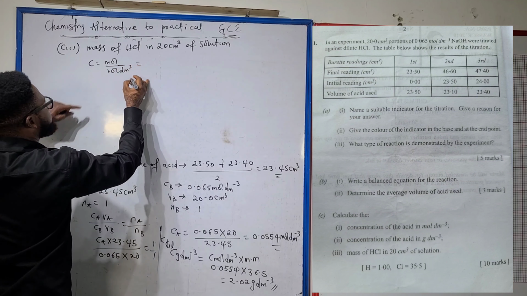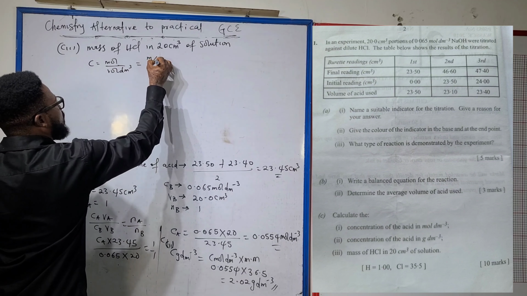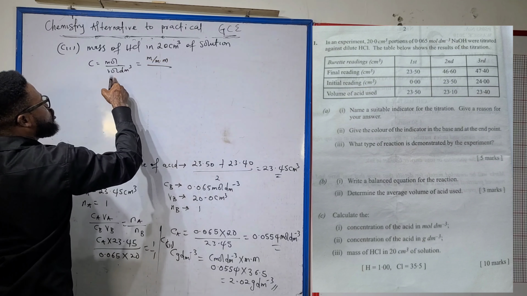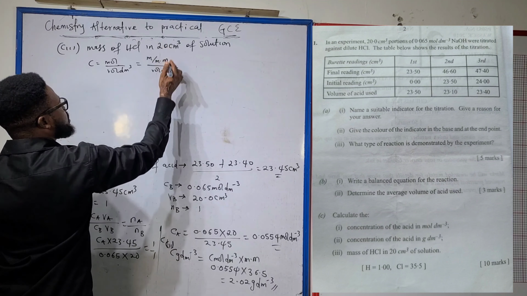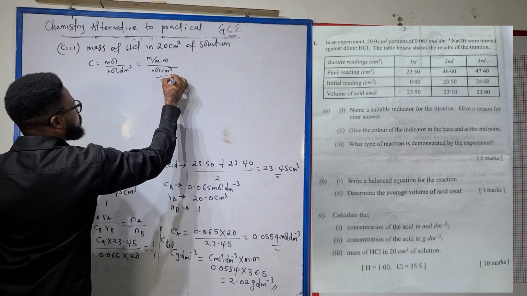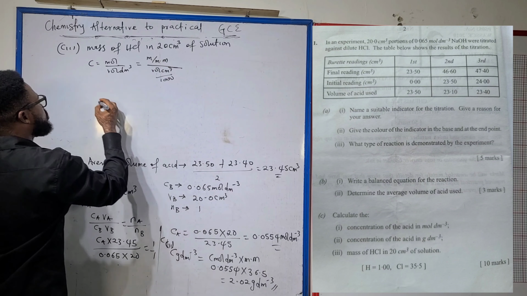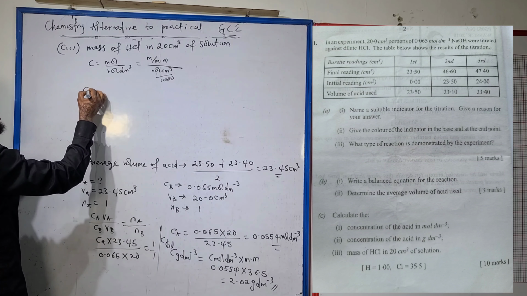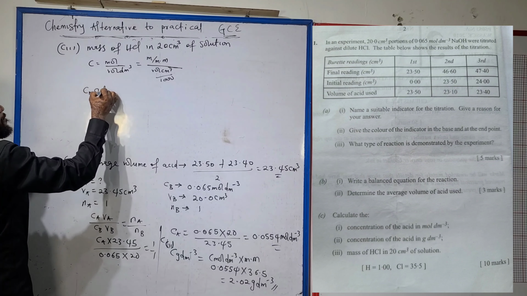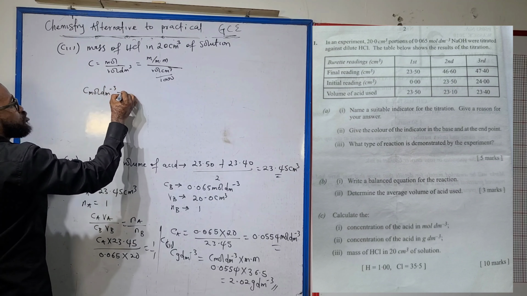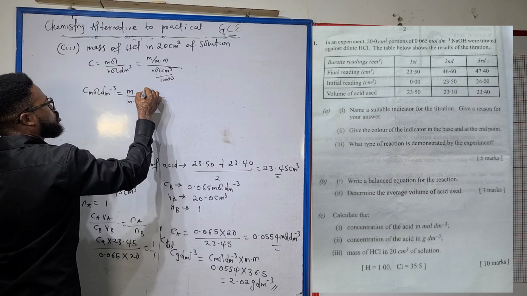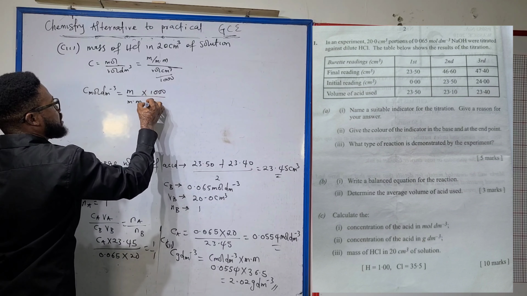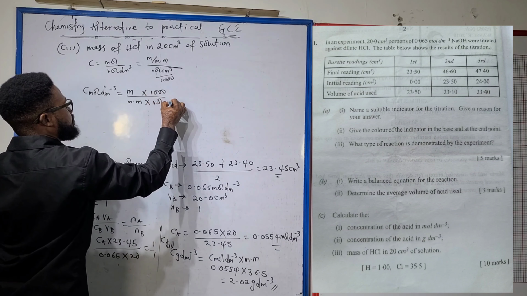But in this case, my mole will be mass over molar mass, and my volume is going to be the volume in cm cube, because I'm dealing with 20 cm cube now, divided by 1,000. So the 1,000 is going to move up, so that my concentration in mole per dm cube equals mass over molar mass, times 1,000 over the volume in cm cube.